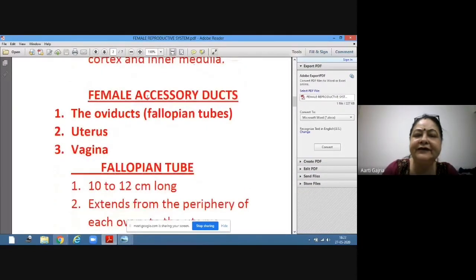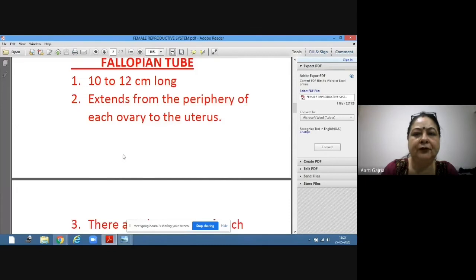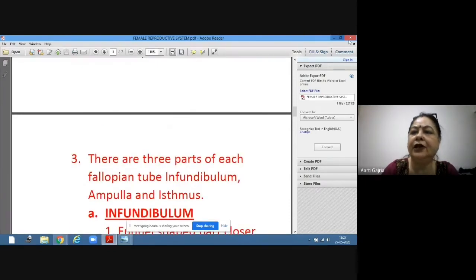These are the accessory ducts: oviducts, uterus, and vagina. Clear? So this was all about the anatomy of the female reproductive system.